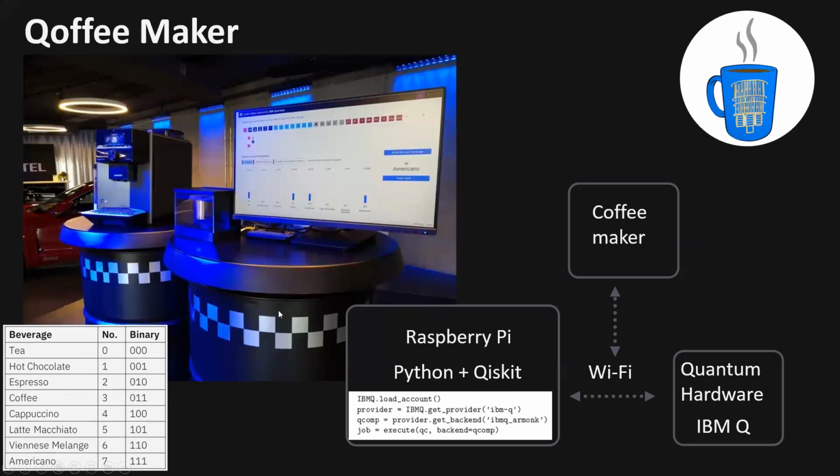Why am I showing you this? First of all, because it's kind of an educational game. It's an educational system where we can show a broader audience how the computation works, how the gates are working. And also, at the end of the day, you can have a nice coffee. Coffee is very tasty. We also found that we can challenge people who are more advanced with quantum computing to create a circuit, for example, which will create only coffees with milk.